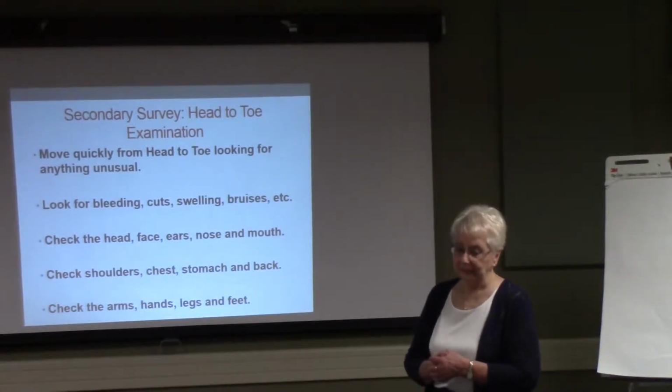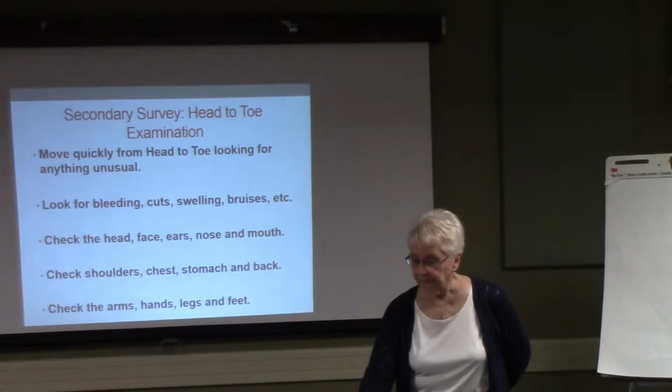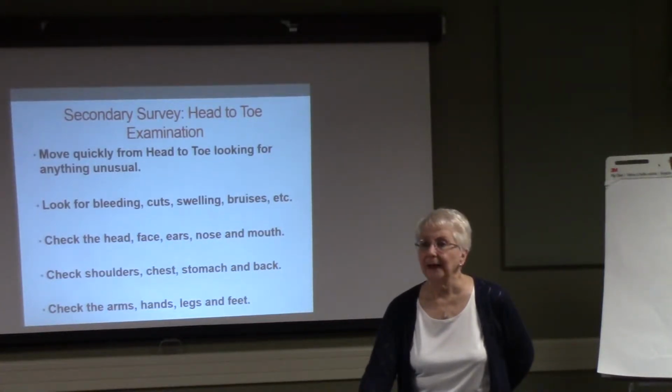Check the arms, hands, legs, feet. We're just moving down to see what's going on. We have to find out. Here again, we're not diagnosing. We're looking for things that we can treat ourselves, that we can make better or stable until help comes.